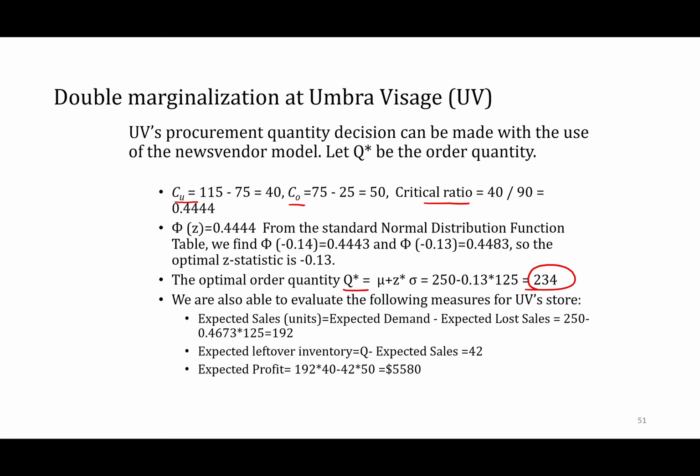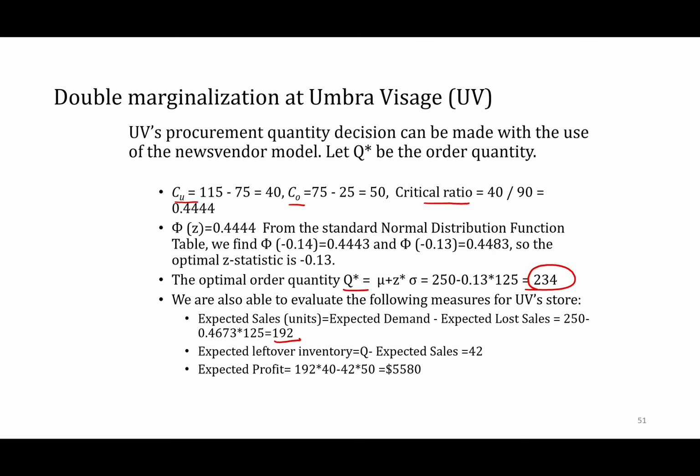Then we found that for this 234 order quantity, when they have 234 on shelf, they expect to sell on average 192 of those sunglasses.